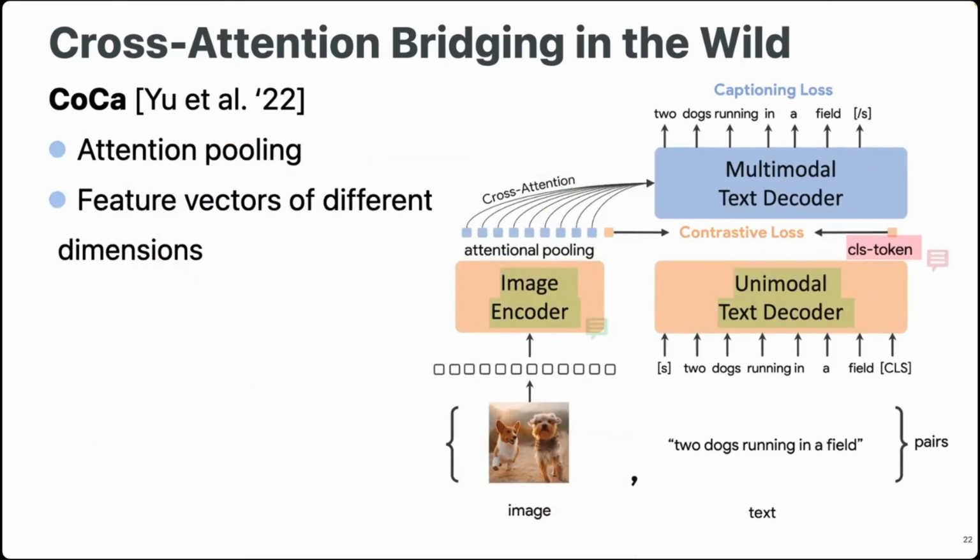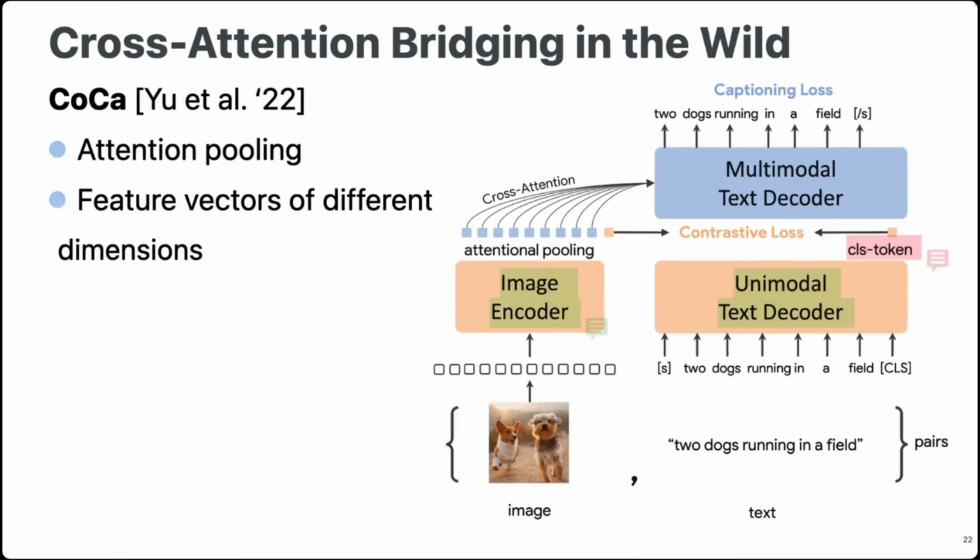Another example is CoCa, which we heavily use at Apple. Here, what you can see is that we have an image encoder and a unimodal text decoder. I think this is basically an encoder, but anyway, they call it a unimodal text decoder.